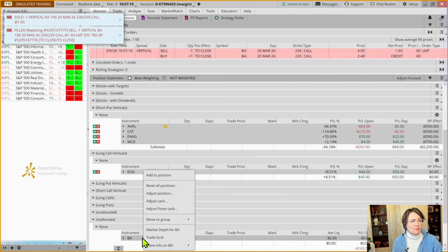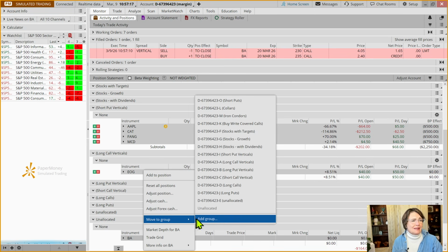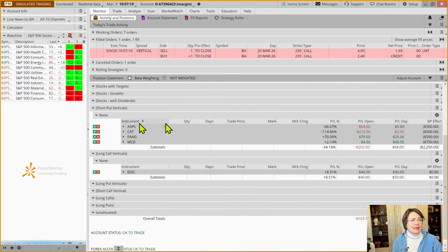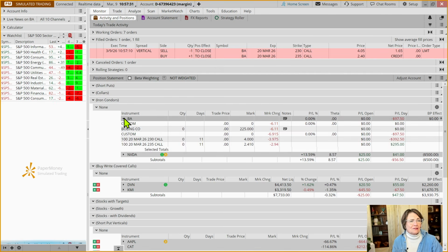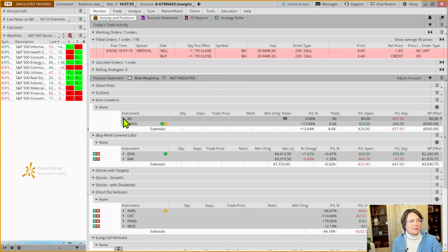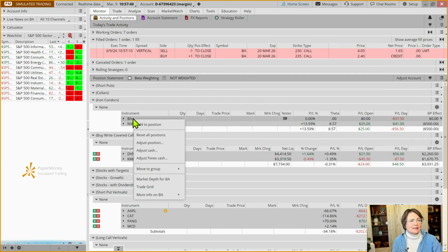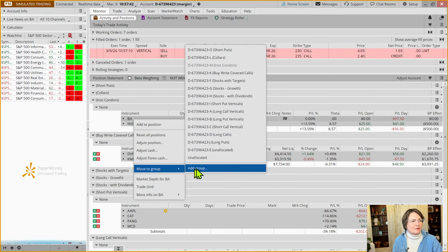But we're going to move our Boeing trade up to the Iron Condor group. And we put it in as 2 credit spreads. I like to call these trades a credit spread sandwich. Oh, that was Boeing. Sorry, that's our exit for Boeing. Okay, so we've closed that. So we're out of that one. That was in our long call vertical group.